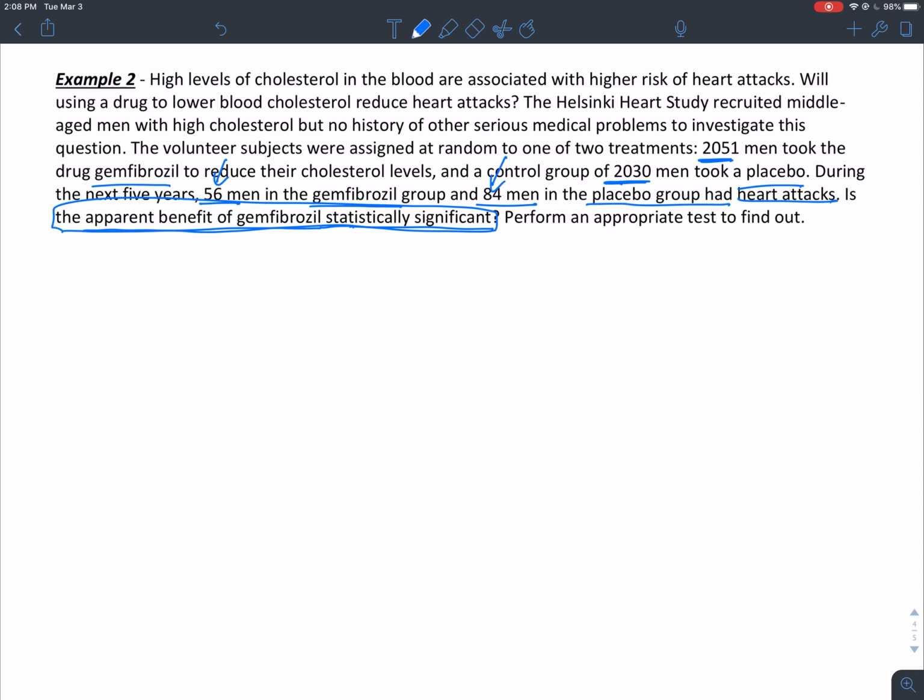So this suggests an alternative hypothesis that is one-sided, saying that is the population proportion for these guys actually less than this population proportion? Okay, so that's my alternative hypothesis. That's what we're saying.